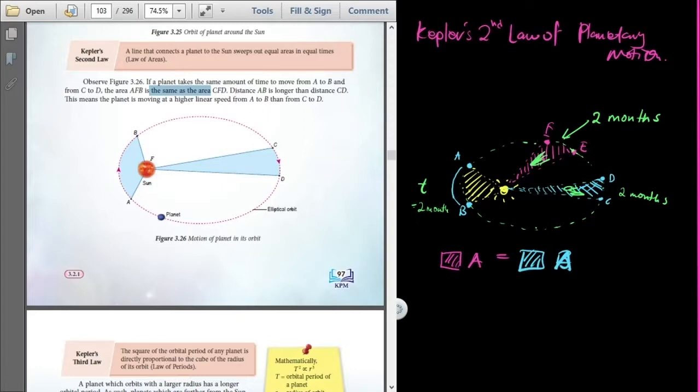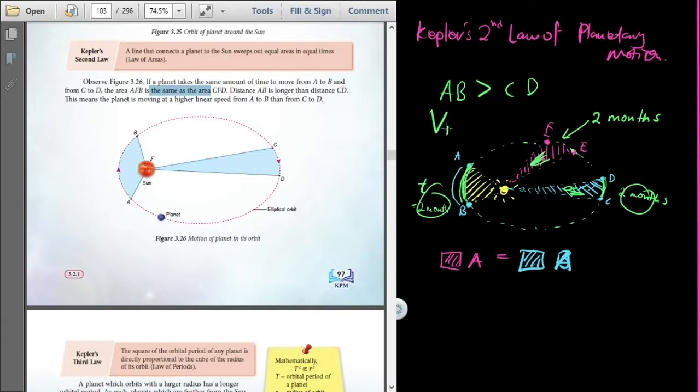So that is another thing we can say from Kepler's second law. A to B takes 2 months, C to D takes 2 months. Looking at these distances, A to B is larger than C to D, but the time taken is equal. So if the object moves from A to B, a larger distance in the same amount of time, it requires a larger speed.